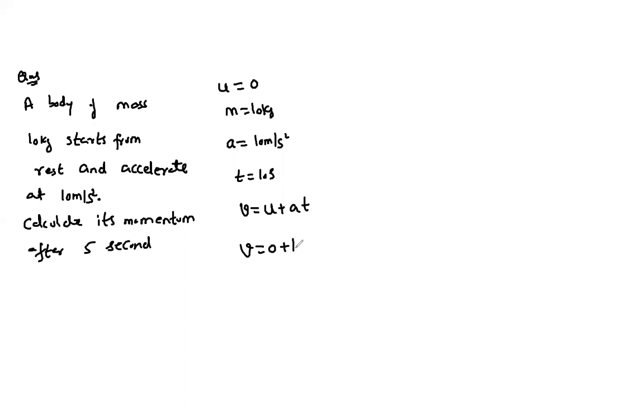U is 0, a is 10, t is 5, so the velocity is 50 meter per second. So the momentum is mv. Your mass is 10 kg, your velocity is 50, so that is 500 kg meter per second.